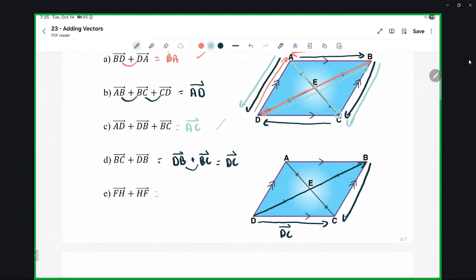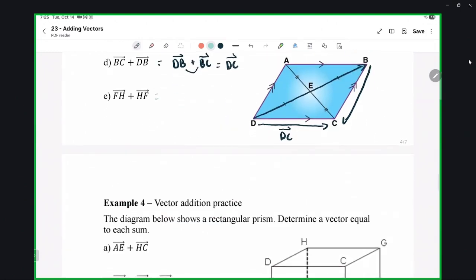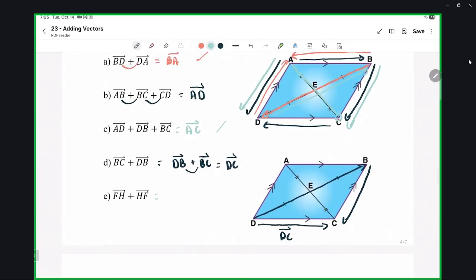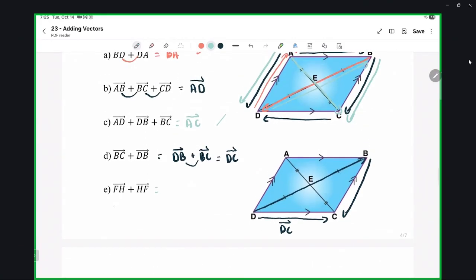Similarly, if we have vector FH, there's no vector FH here, but we'll just try this one as a side note. For our purposes, let's go with vector AB plus vector BA. I'll have to change this in my notes. I'm not sure why I put FH there. But let's go with vector AB plus vector BA.